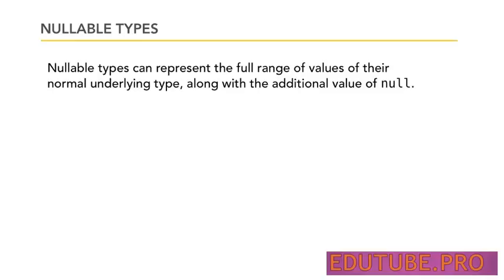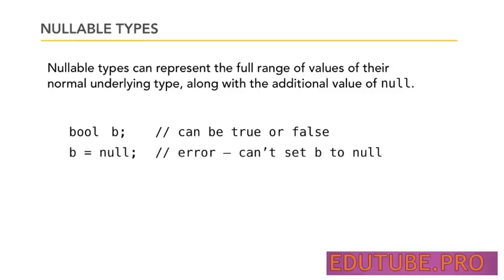So for example, if we declared a Boolean variable with the name of b, that can be either true or false. If you try to do this, however, set it to null, that's an error. You can't set b to null. If you want to do that, you have to declare the Boolean variable as a nullable type. And the way you do that is you declare it as a bool with a question mark at the end. And that tells the compiler, hey, this is a variable that can be either true or false or null.